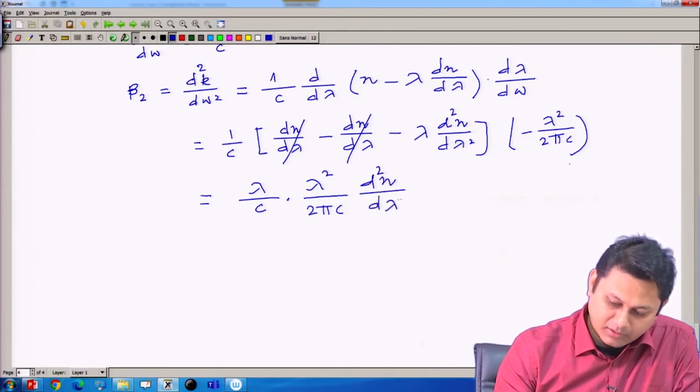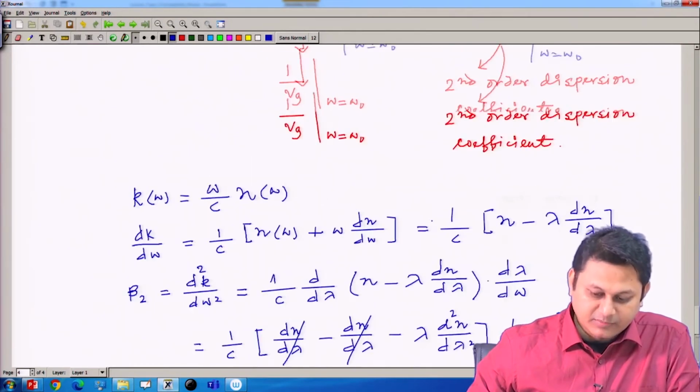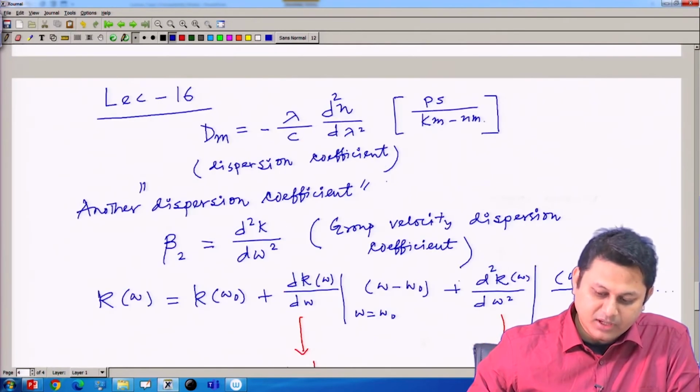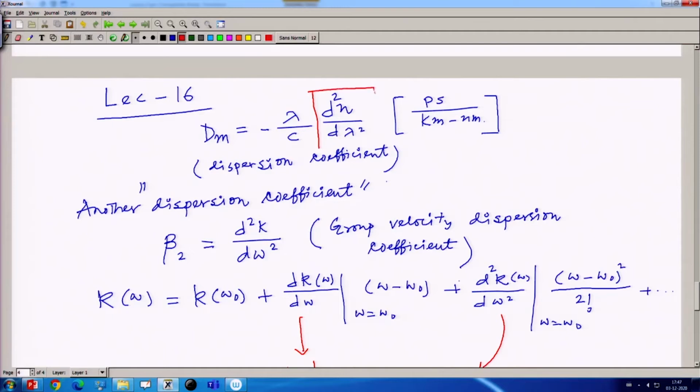An important thing is that when you calculate the dispersion coefficient Dm, we have an important term here, which basically tells how the dispersion coefficient changes with respect to lambda, and d2n d lambda square is the factor sitting here.